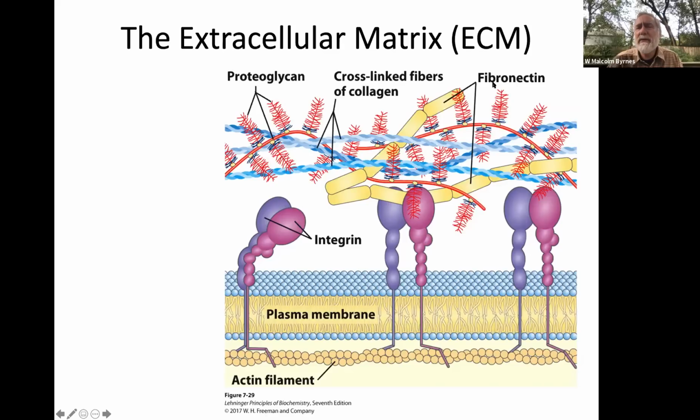And then a protein known as fibronectin, which is part of that whole structure, that matrix. And then fibronectin interacts with integrin molecules, which span the membrane and also interact here with actin filaments inside the cell. Okay, so that's what the extracellular matrix looks like, and proteoglycans are part of that.